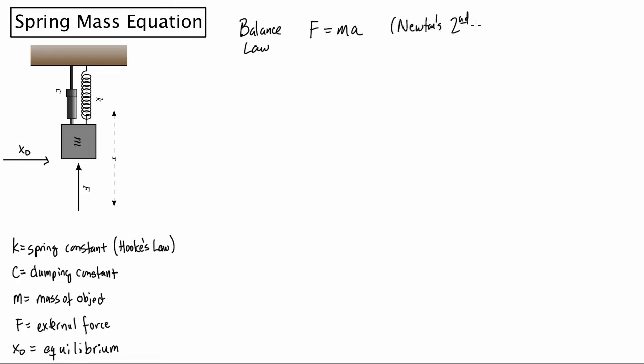So Newton's second law states that the forces acting on an object balance with the mass of the object times its acceleration. And so what we need to uncover is what are all of the forces, in other words, what are the total forces acting on the mass M.